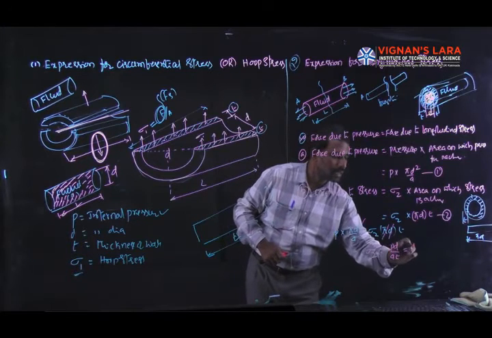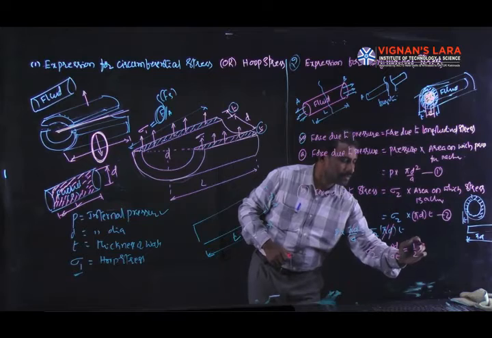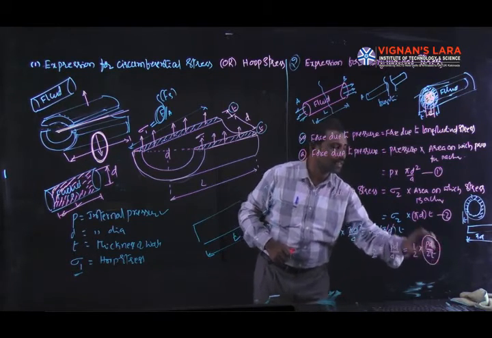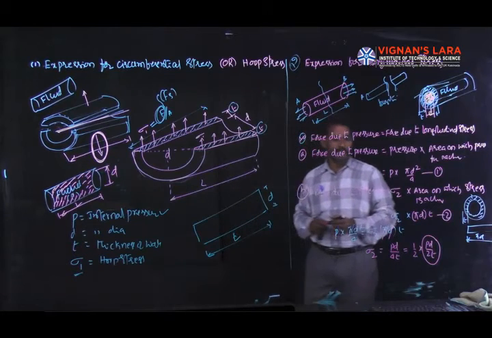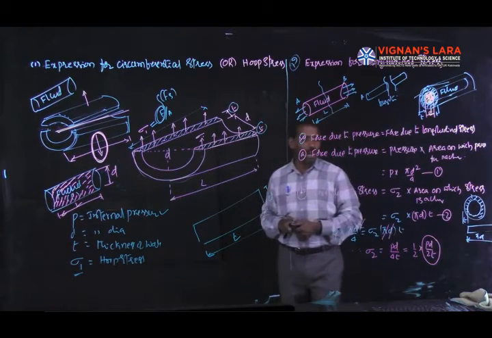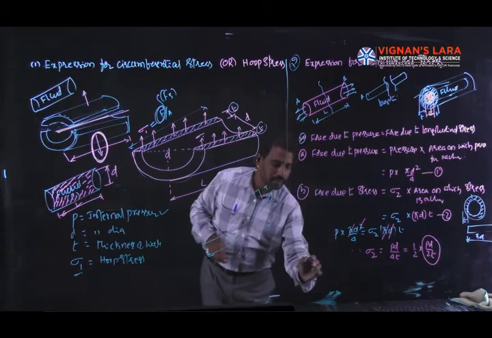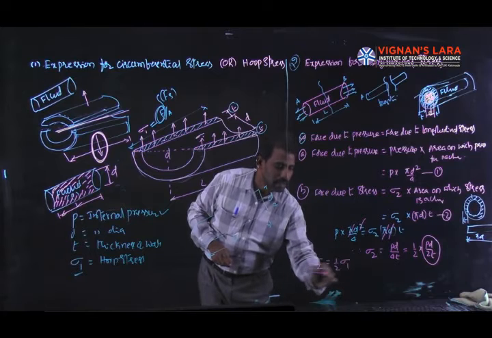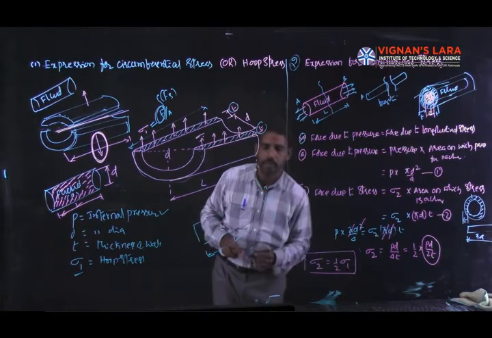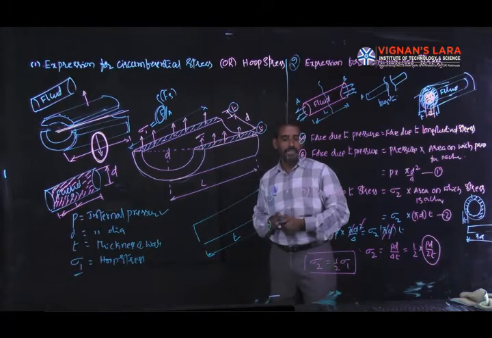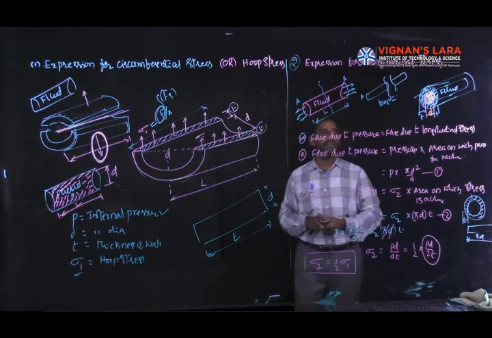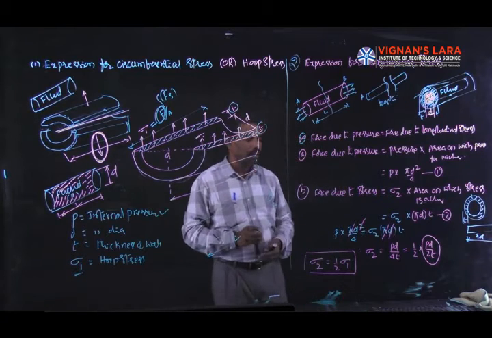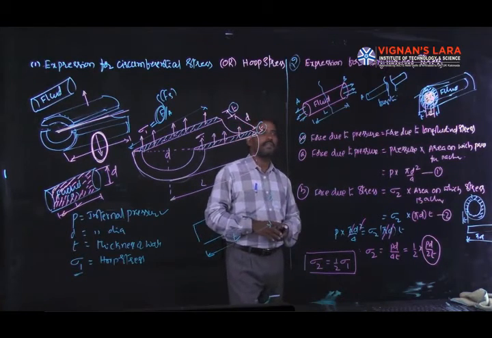This can be rewritten as 1 by 2 into PD by 2T, which is the circumferential stress. So the longitudinal stress, represented by sigma 2, is equal to half of the circumferential stress. It is a very important one. It means the circumferential stress induced in a cylinder is double the longitudinal stress.